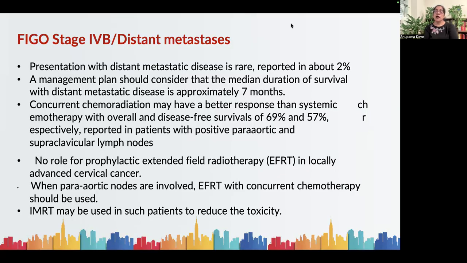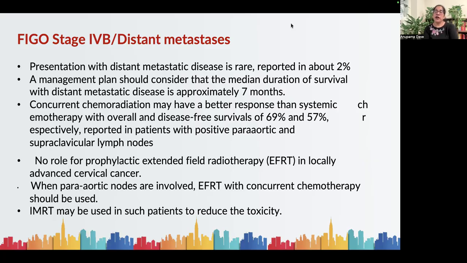Now coming to advanced stages, that is stage 4B or cases with distant metastasis. Presentation with distant metastatic disease is rare and is reported in only 2% of cases. The management plan should consider that the median duration of survival with distant metastatic disease is only approximately 7 months.